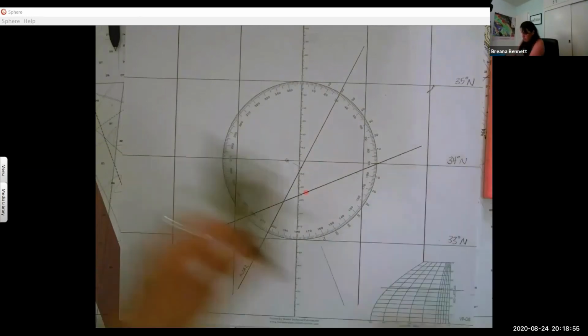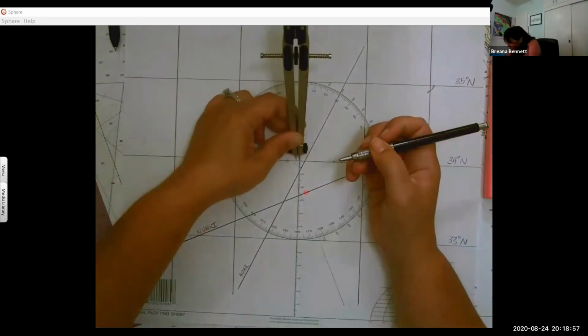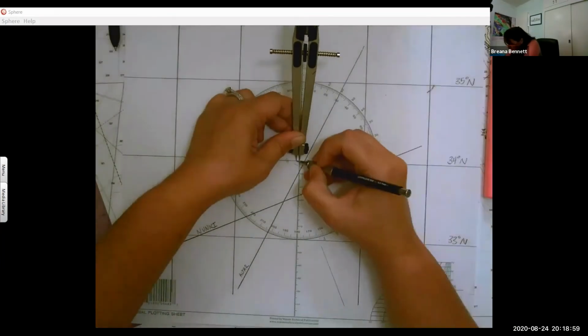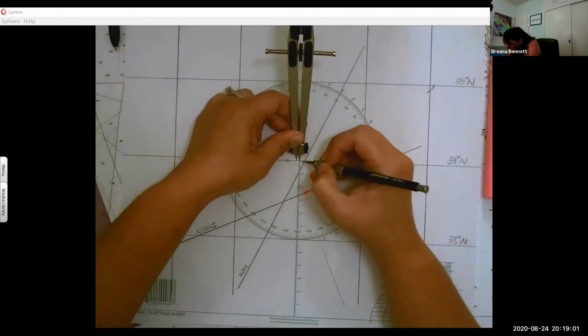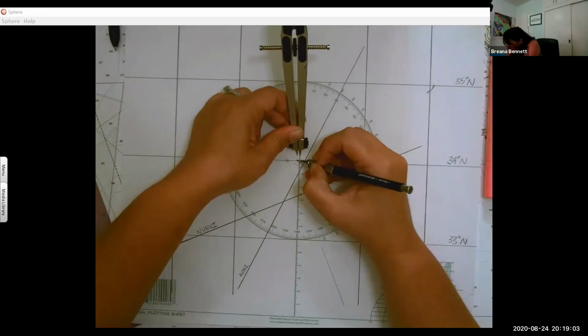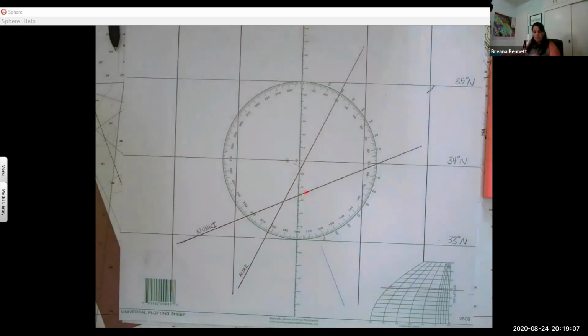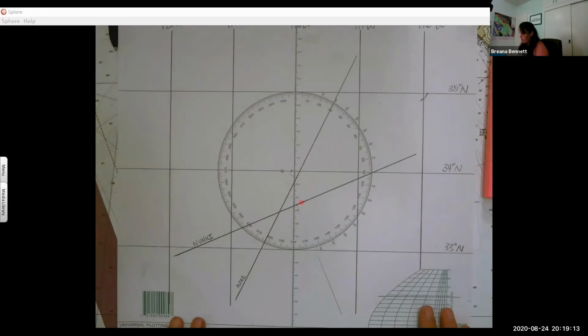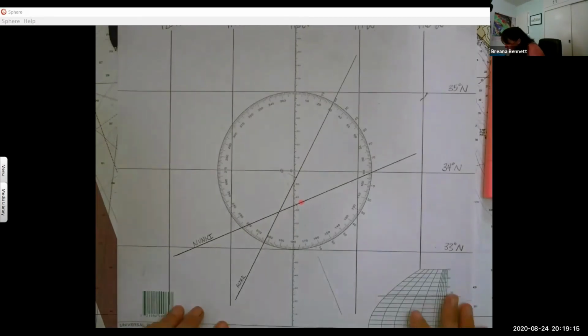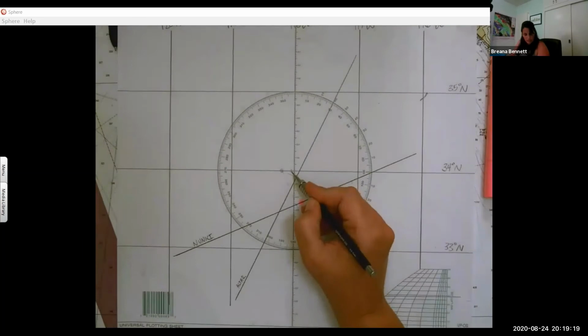You call that 3. Okay, so there's my assumed position, and then my bearing is 194.